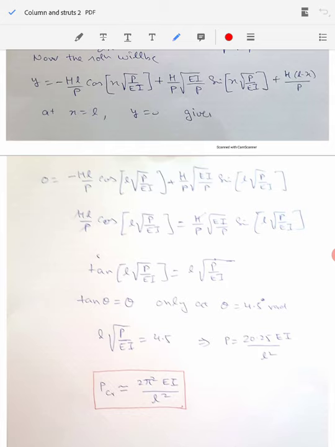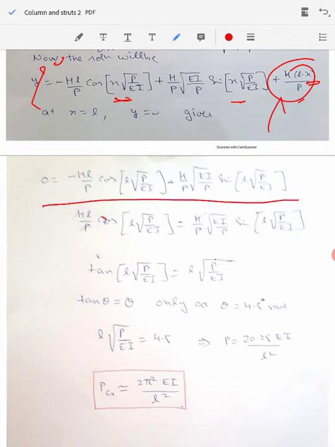Here x is substituted as L and y is 0, and here x will also be L, so this term also becomes 0. So what is left is written over here.